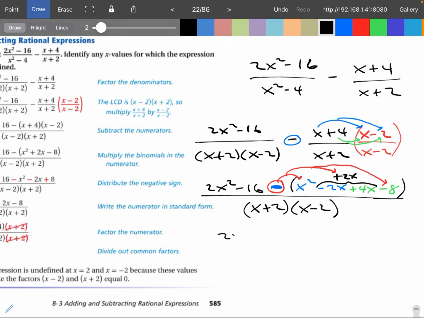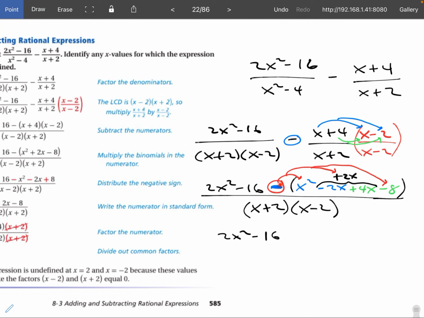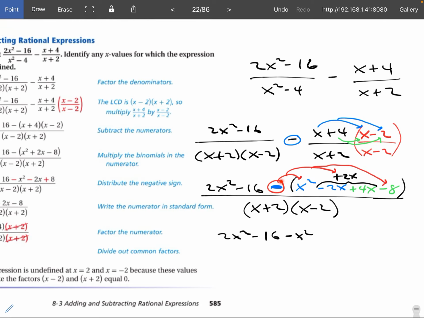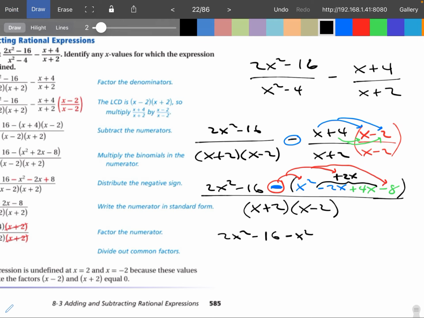So now our numerator is 2x squared minus 16. Then I'm going to distribute that negative. So the negative is going to go onto the x squared right here, so that's going to give me a negative x squared. And then again, it's like a negative 1. It's going to distribute onto that positive 2x, so that's going to give me a negative 2x.